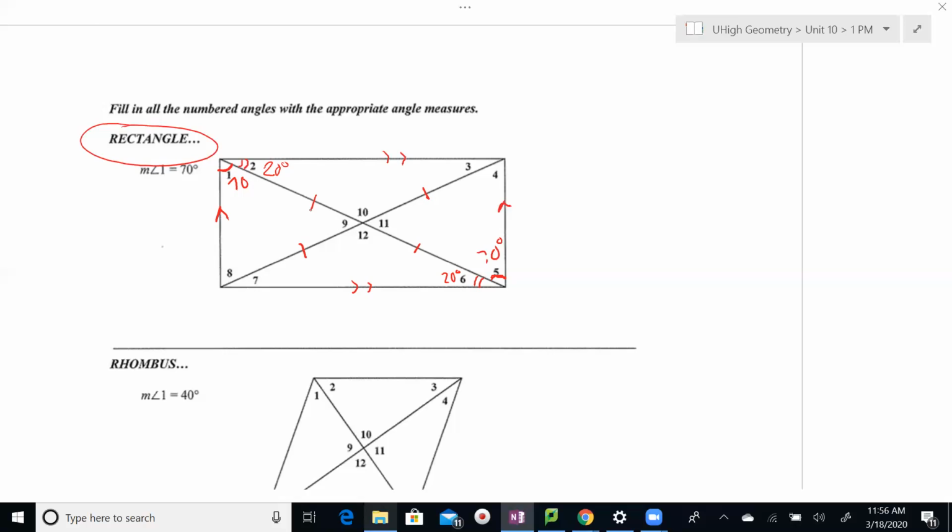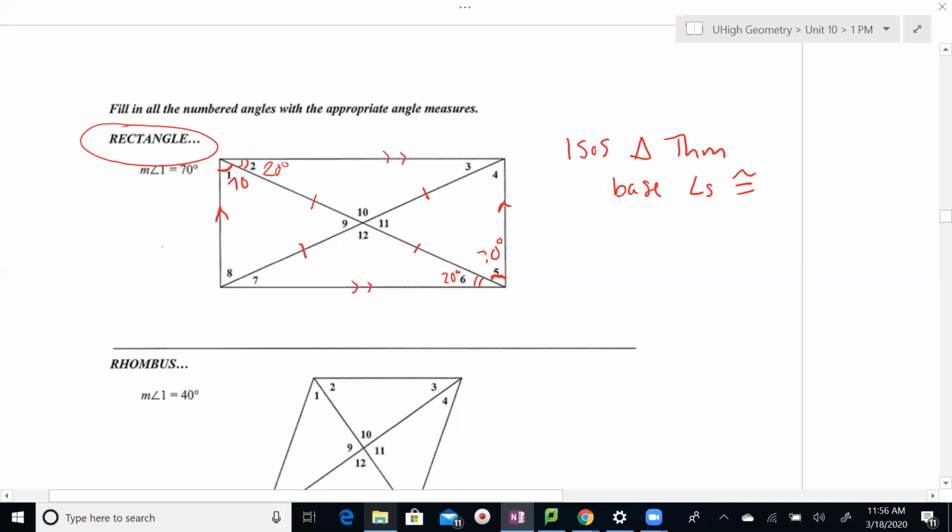So if we remember our isosceles triangle theorem, that states that our base angles are going to be congruent.